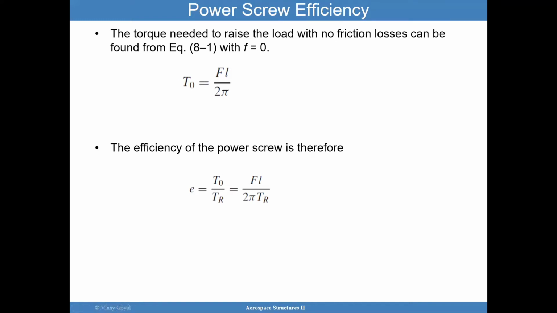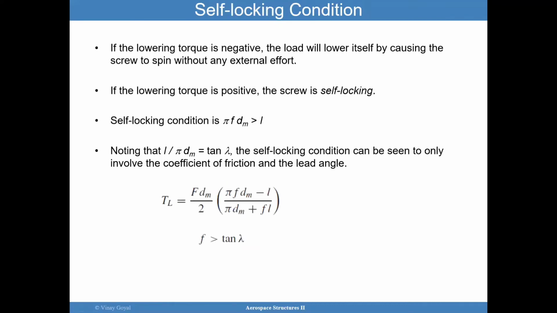That gives you the efficiency, because friction is really what makes raising or lowering the load difficult. You can see here, if I set f equals 0, then dm and dm cancel, and you have this condition here.